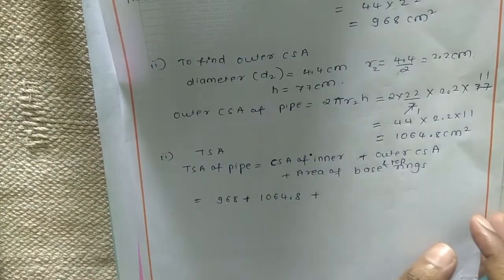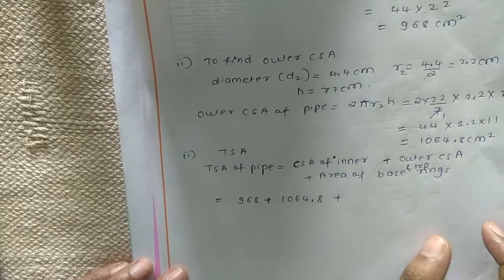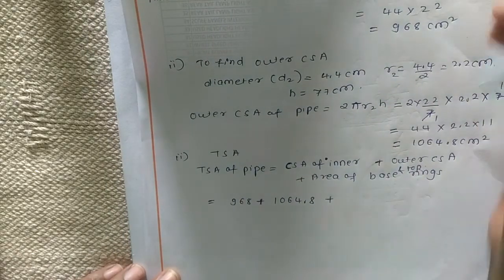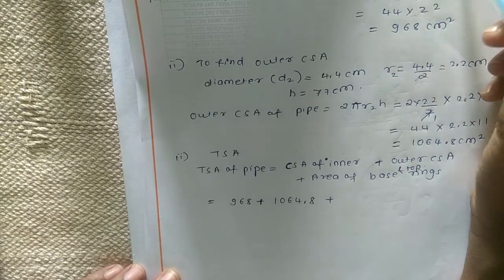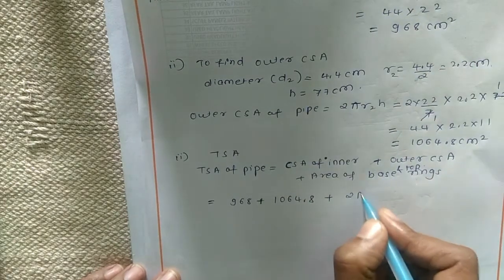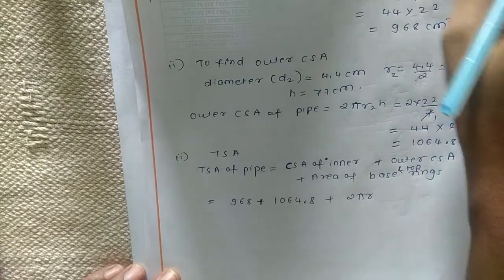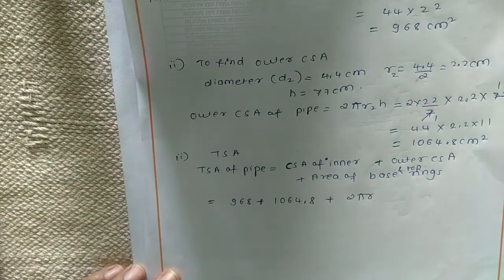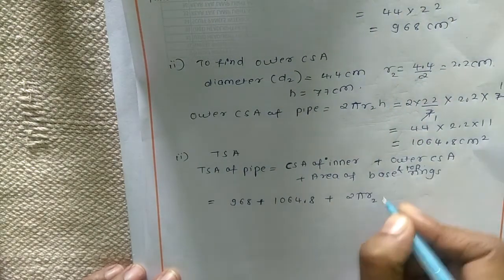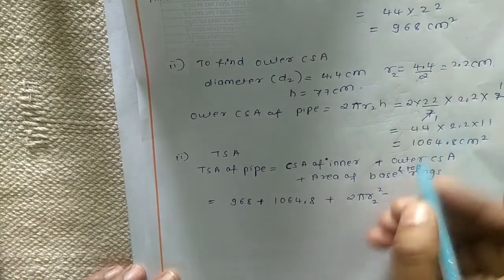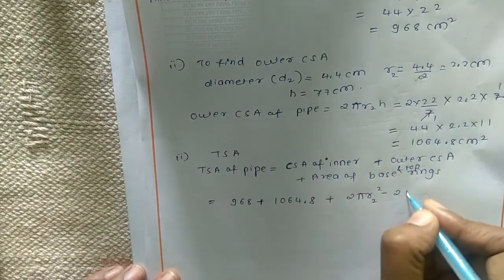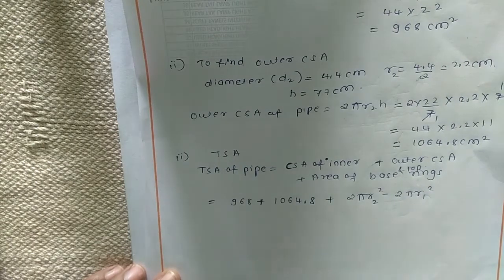So here what you have to do is subtraction. First we should know the area of the bigger rings. So pi r squared, that is 2 pi r squared, that is r2. r2 is the radius of the bigger circles. So 2 pi r2 squared minus area of the inner circles, we'll take 2 pi r1 squared.